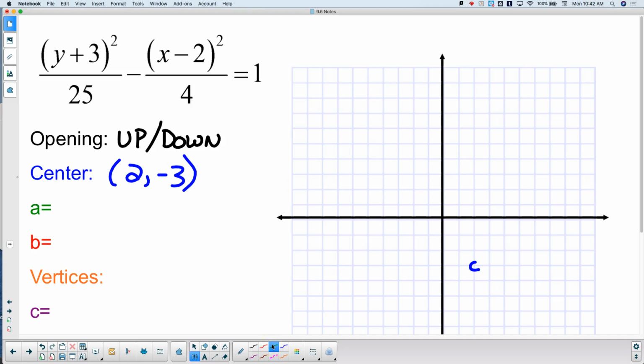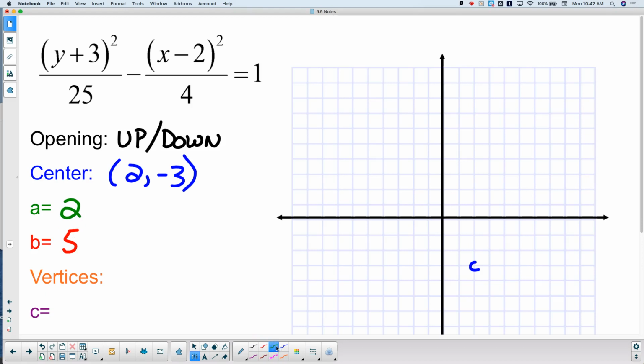Jenna, a? 2. Yep, because a squared is always underneath x, so the square root of 4 would be 2. Sam, b? 5. Square root of 25 is 5. Yep.